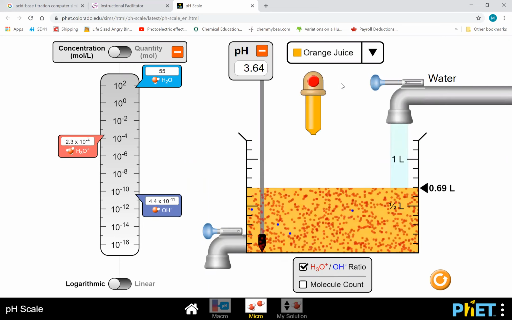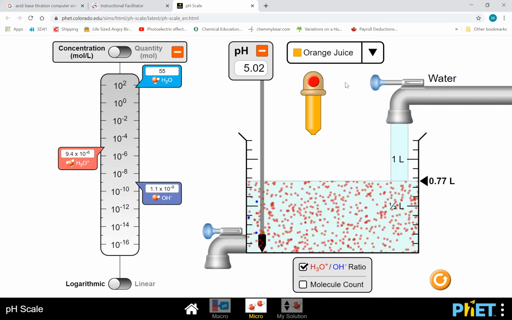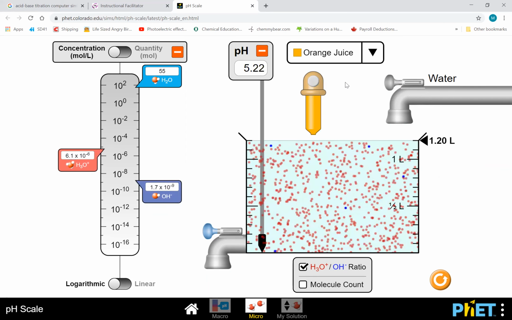Now, if I were to drain this and add more water, you will notice the pH gets closer and closer and closer to 7. Eventually, you will end up with a neutral solution.